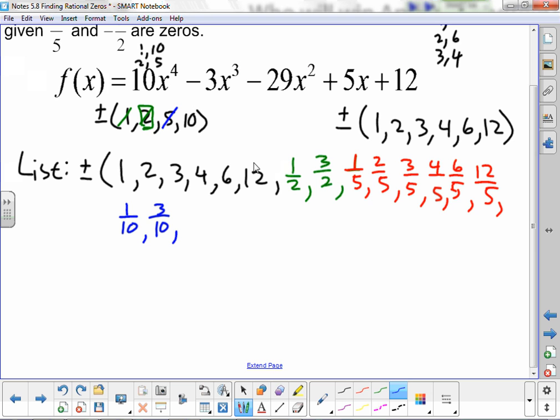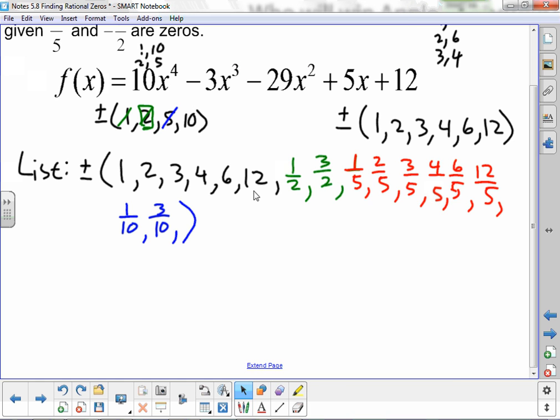Now we do 4 over 10, which simplifies down to 2 over 5, which is on our list already, so don't worry about that. 6 over 10 is 3 over 5, which is already there. 12 over 10 is a 6 over 5, which is already on our list also. So that one only added up to 2. That's our entire list. Long list.